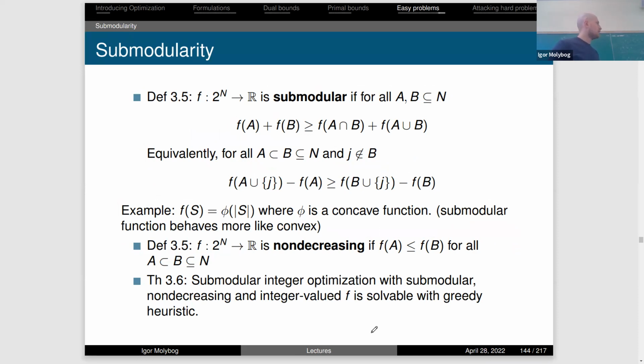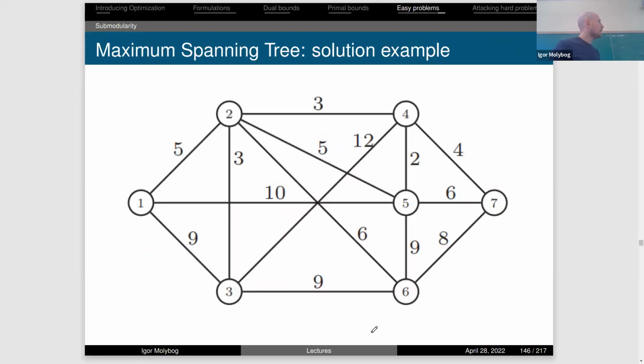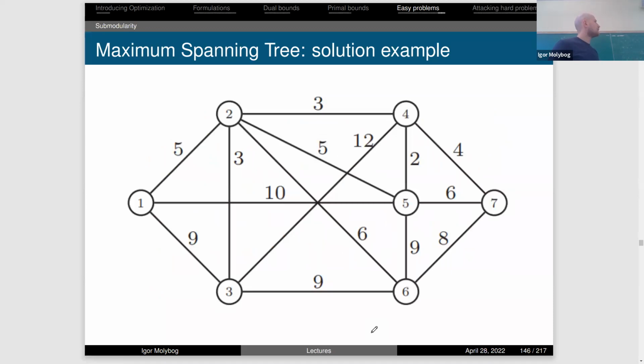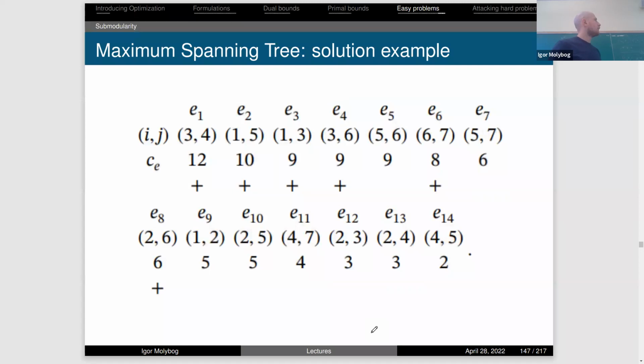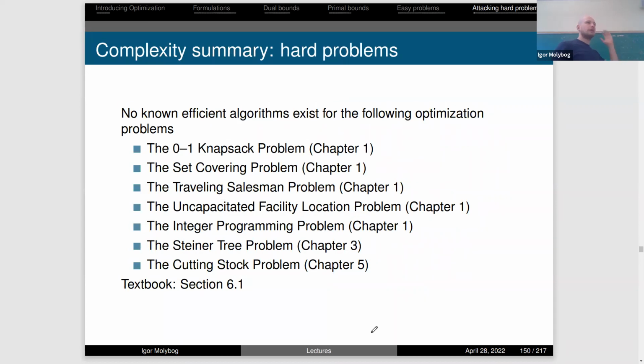There is a very deep theory about the geometry of these problems. As an example, we have seen the maximum spanning tree, and we have seen its solution with a greedy algorithm, which gives us the exact solution to the original problem. Okay. Are there any questions?